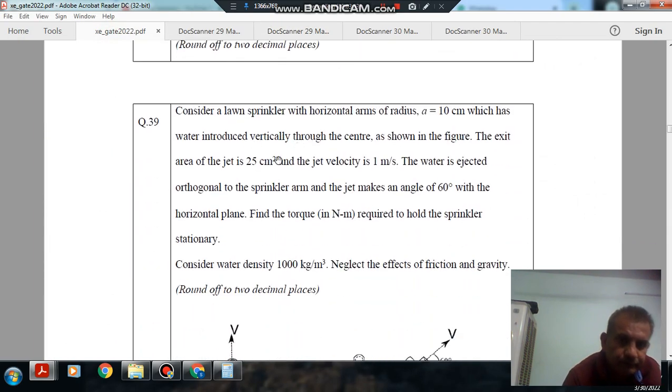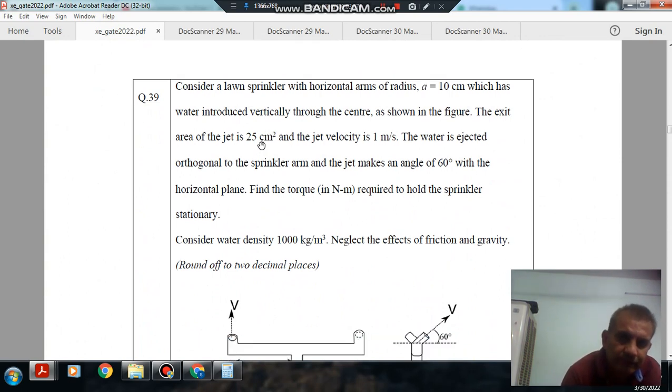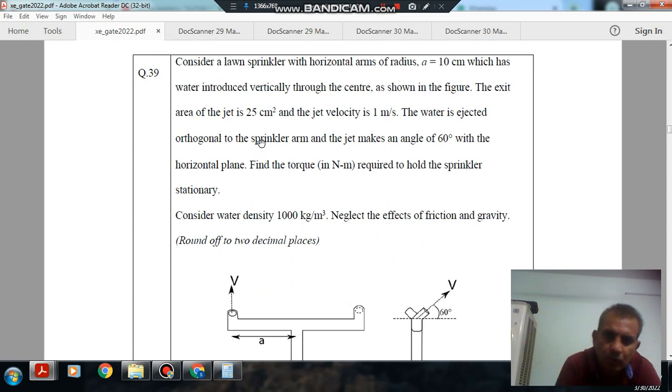Next, consider a lawn sprinkler with horizontal arms of radius a = 10 centimeter, which has water introduced vertically through the center, as shown in the figure. The exit area of the jet is 25 centimeter square, and the jet velocity is 1 meter per second.